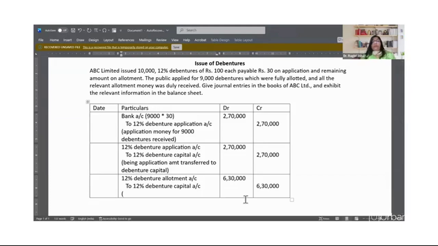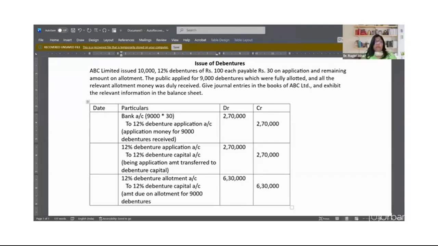And now what should be the narration written here? The narration should be: amount due on 9,000 debentures on allotment at the rate of rupees 70 per debenture.